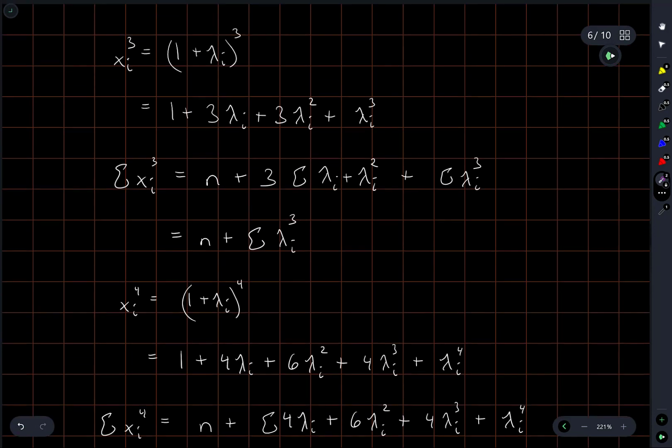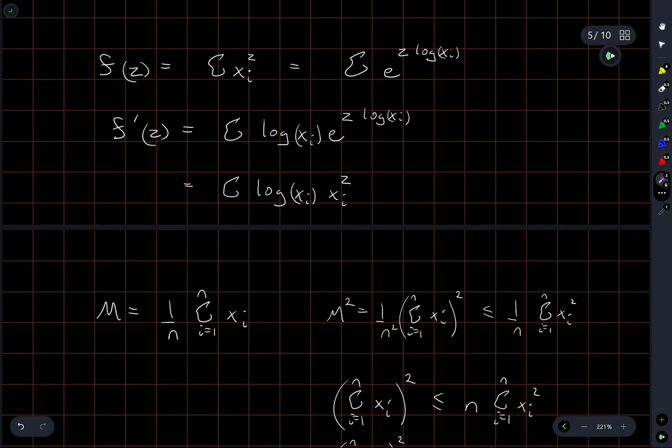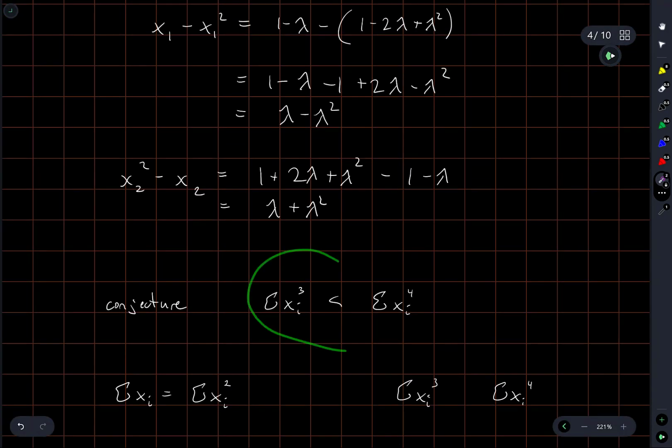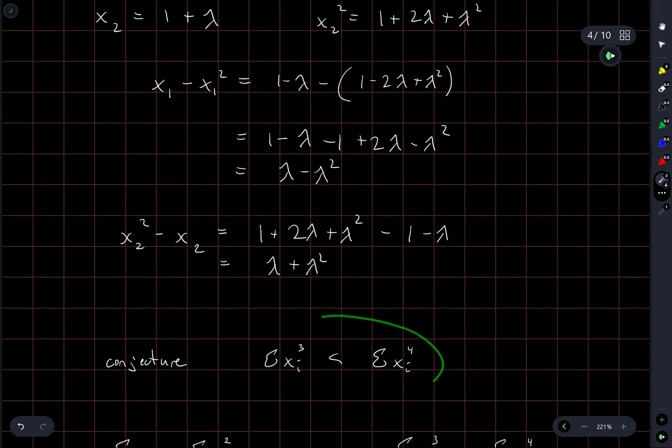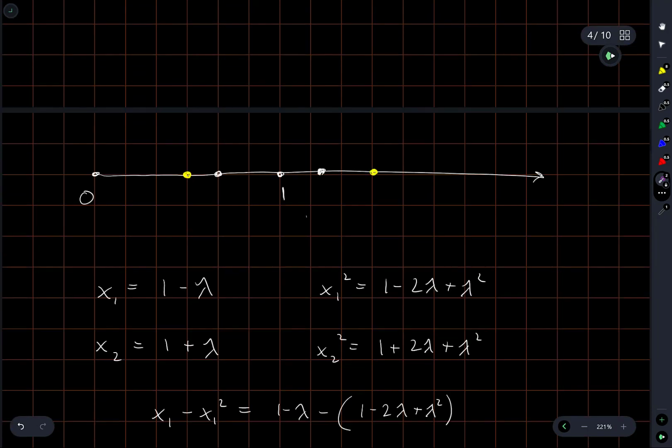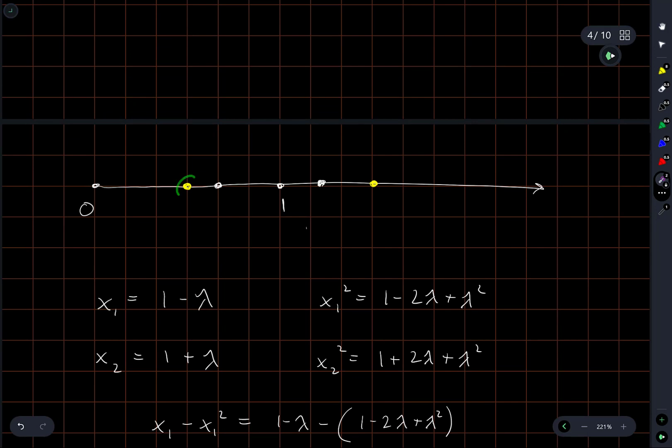I'm very confident that the conjecture I've made is correct. I'm very confident that the sum of the fourth powers will be greater than the sum of the third powers because of the argument I had up here. When you take the numbers to higher and higher powers, the ones that are smaller than 1 get smaller, but the ones that are bigger than 1 get bigger faster than these ones get smaller.